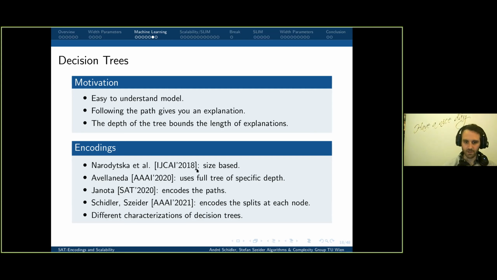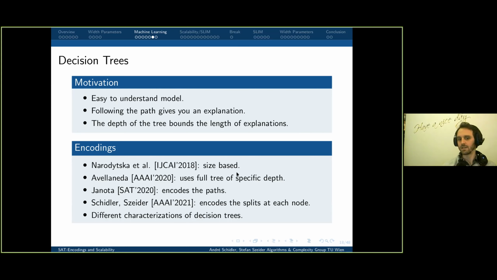And there are several encodings. As I said, this kind of started in 2018, which was not the first encoding for decision trees, but the first one that was able to solve small instances. Previous attempts failed for small instances already. Then there was an improvement 2 years later, which we use in our work, and then more work, and then our paper. And the important thing about this list is just that each encoding uses a different characterization of decision trees.